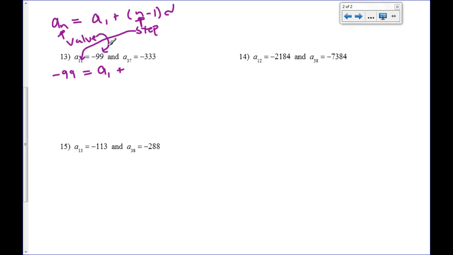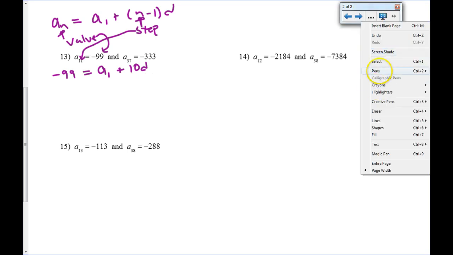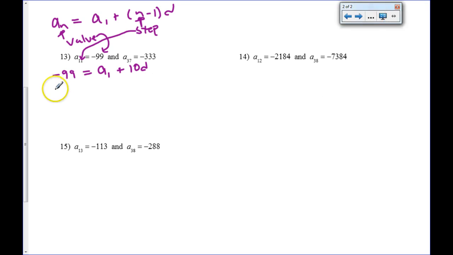Being that the step is 11, we're going to say it's 10D, because 11 minus 1 is 10. So what's my second sentence here going to be? Good. A sub 1 plus 36 times D. Because our step's at 37, you take 1 away from that, it becomes 36.